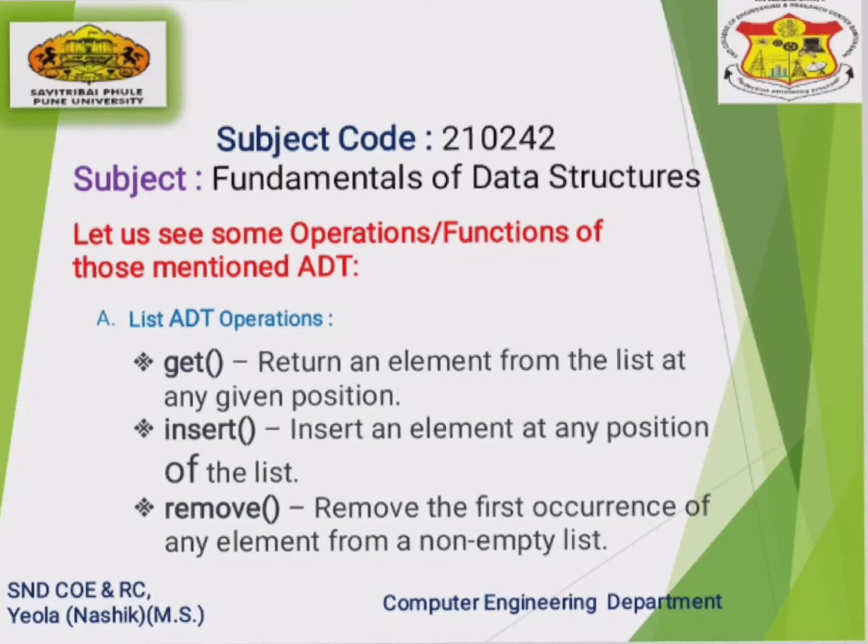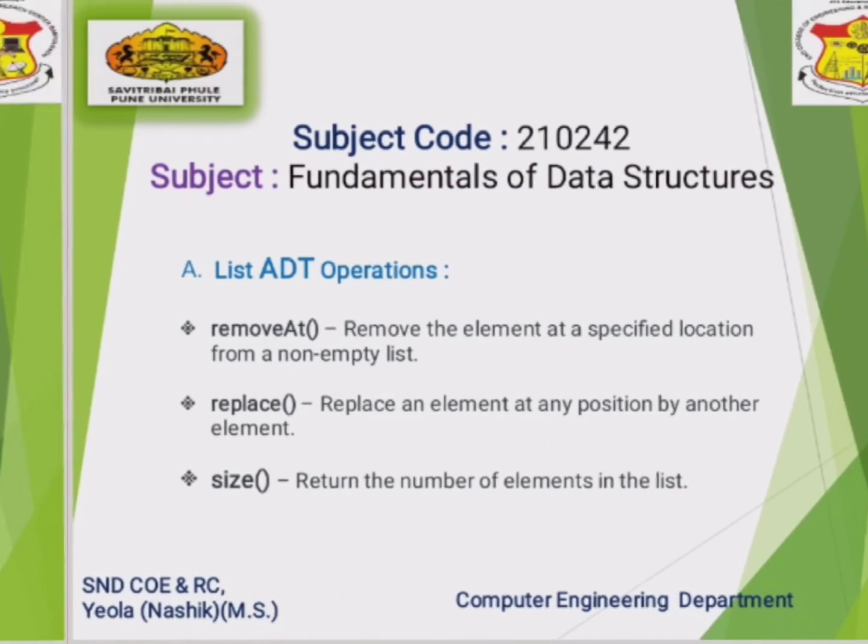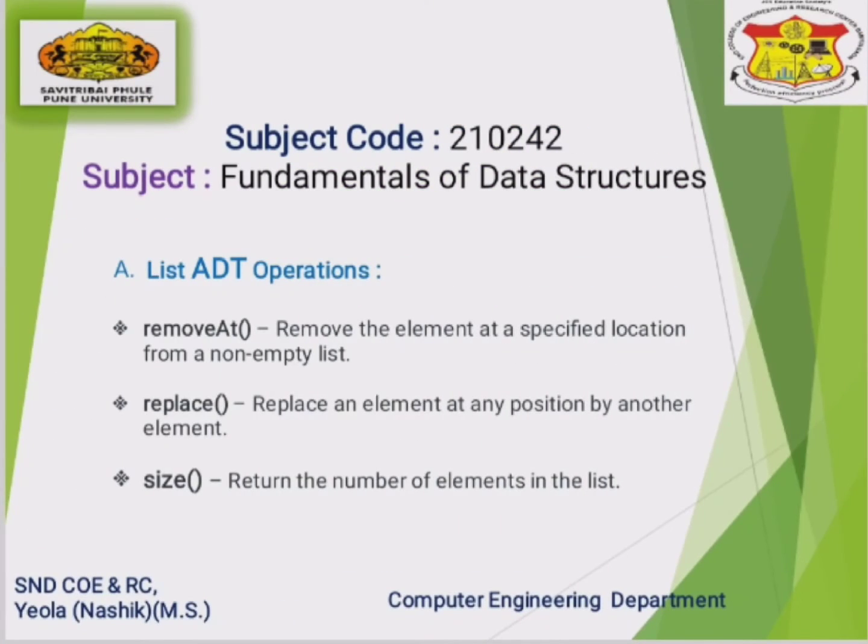Third is remove. Remove the first occurrence of any element from a non-empty list. Fourth, remove at. Remove the element at a specific location from a non-empty list. Fifth, replace. Replace an element at any position by another element.